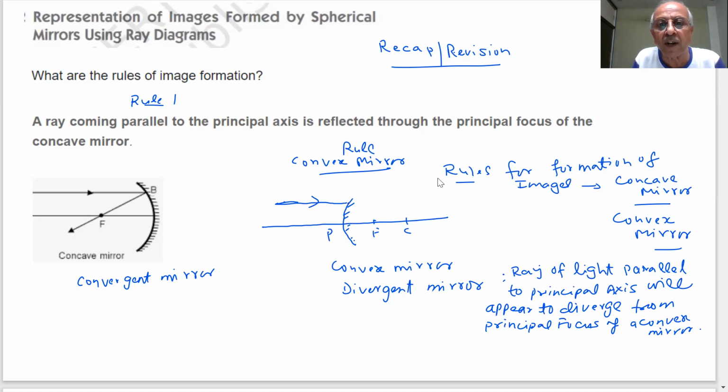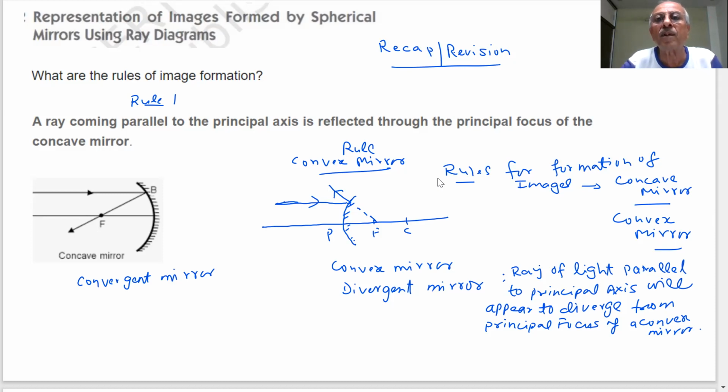Note down where this focus is. You can see, student, here I am drawing a dashed line, and this ray of light is parallel to the principal axis. It is diverged, and it appears to diverge from the focus of the convex mirror.